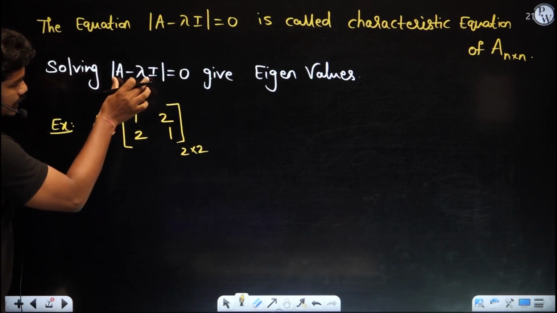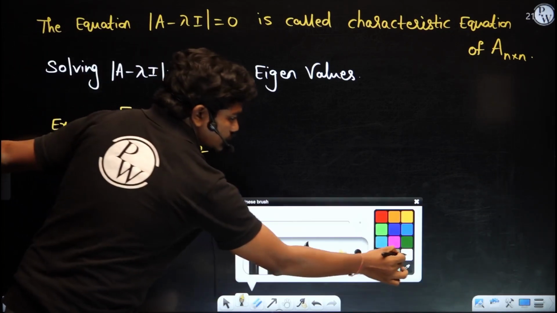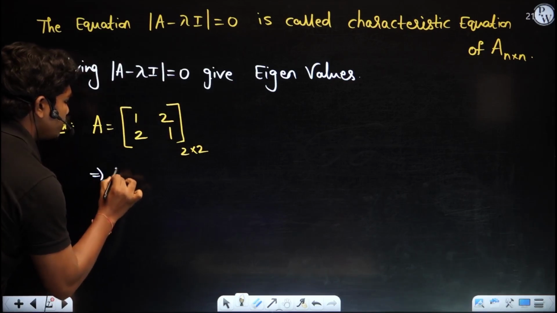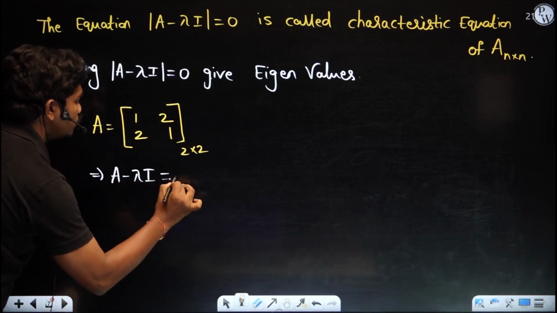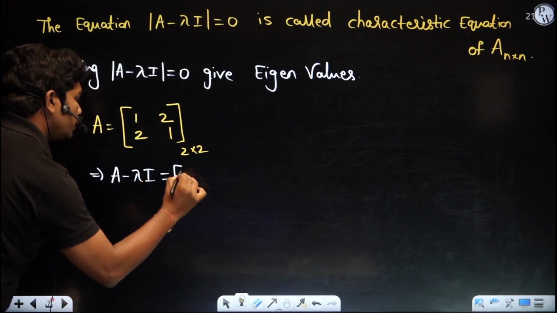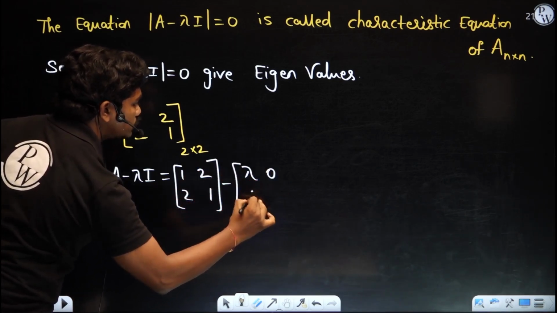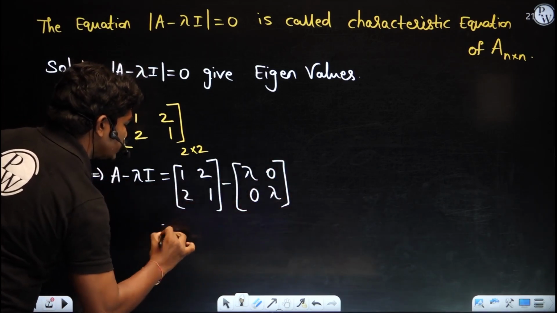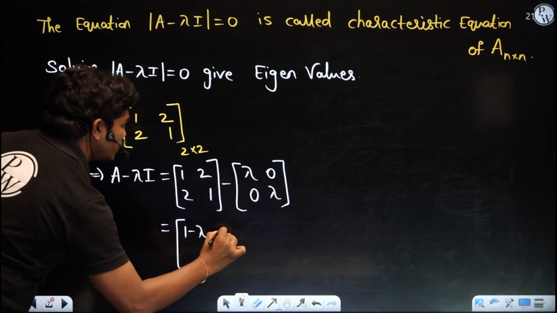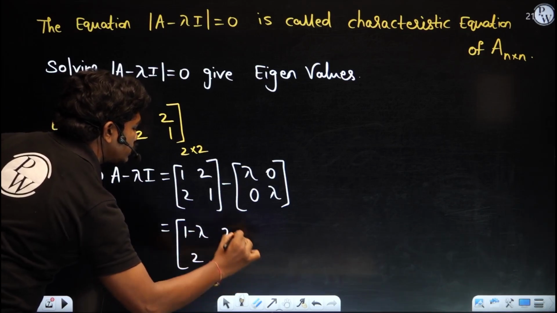Then A minus lambda I is 1 2 2 1 minus lambda 0 0 lambda, which gives 1 minus lambda 2 2 1 minus lambda.